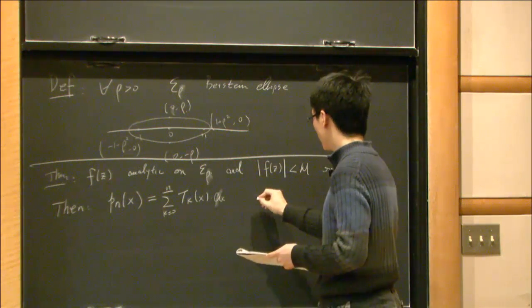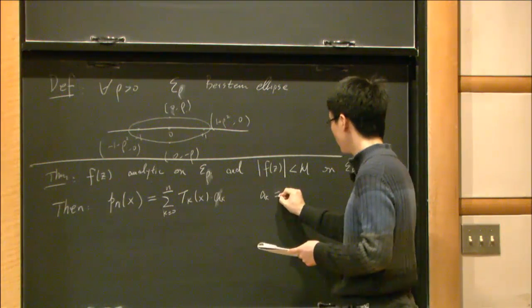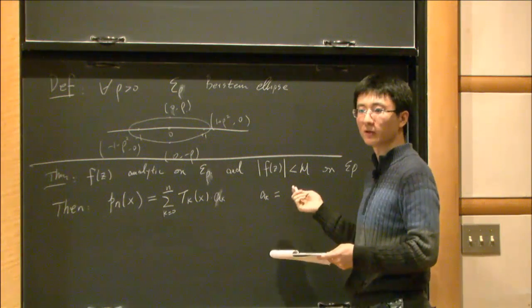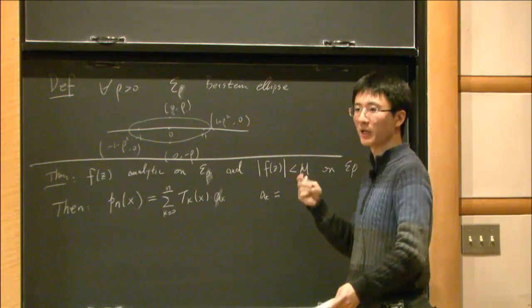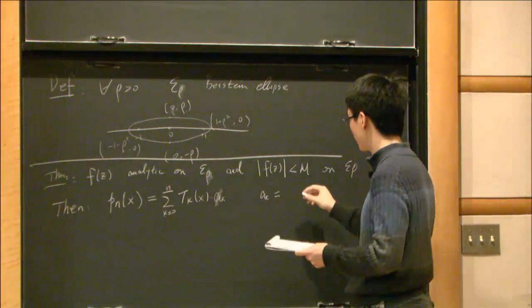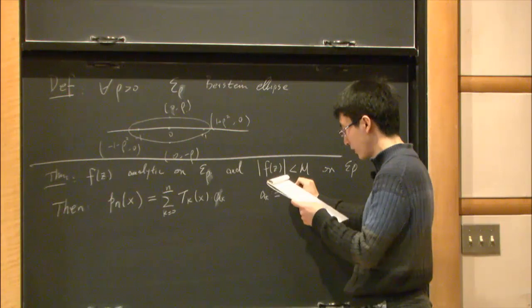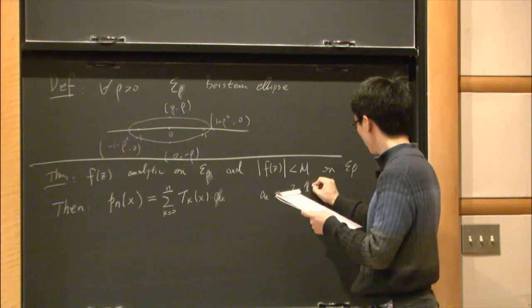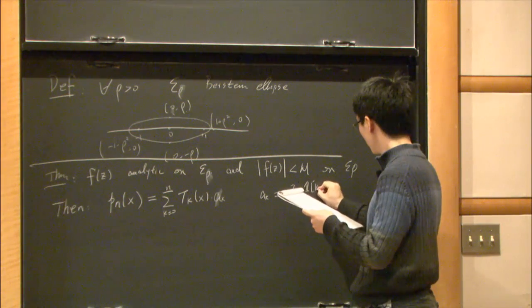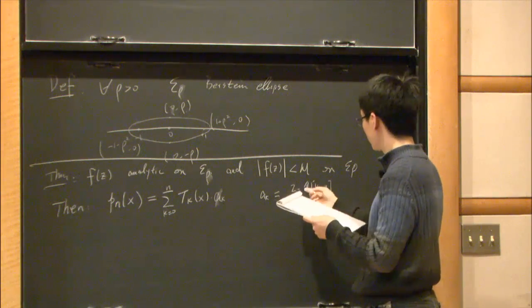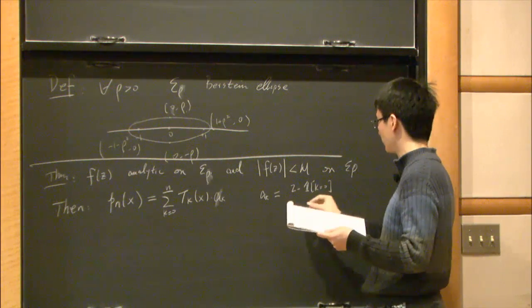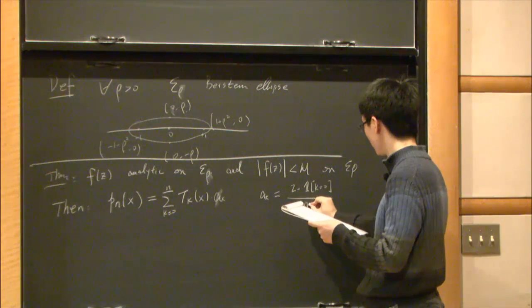So ak, where there are two ways to define it. One is to use interpolation, and the other one is to use the orthogonal basis property of the Chebyshev polynomials. But I would just write maybe one of them, with an indicator function of whether k is 0. If it's 0, then this is 1. Otherwise, it's 2. It's a typical normalization thing.